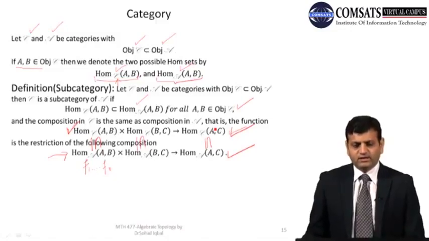Once again, there are three components in the category. So if we are defining a subcategory, then all these three components should be subsets in this sense: objects should be subsets of the objects, morphisms should be subsets of the morphisms, and the composition should also be the same.